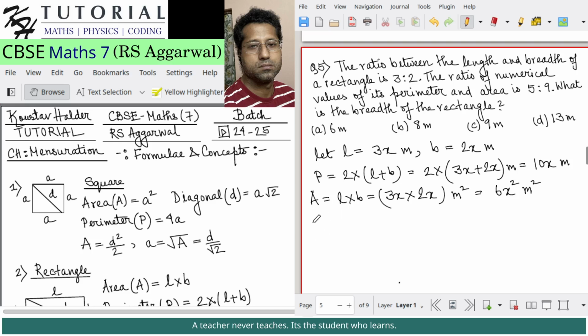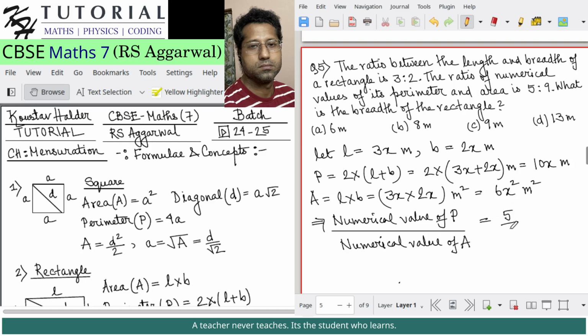So this implies that numerical value of P divided by numerical value of A is equal to 5/9.